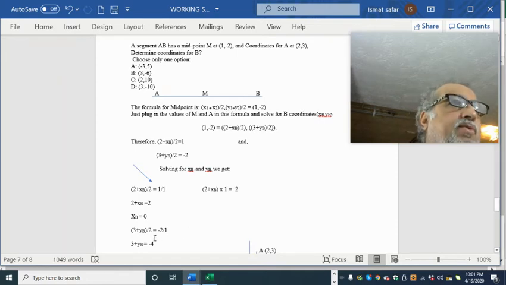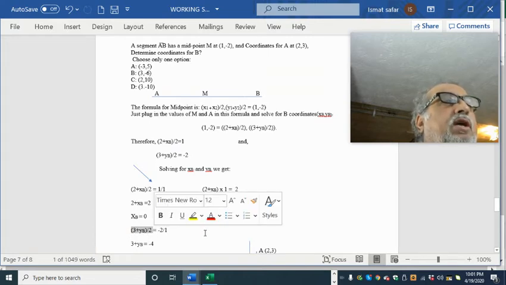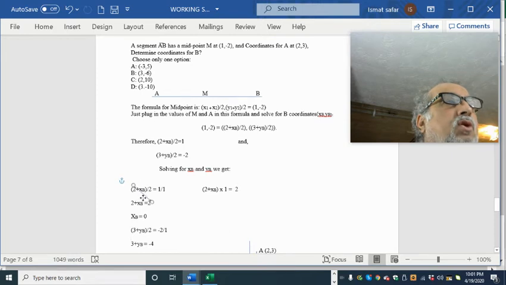Now, we do the same thing with coordinate y of b. 3 plus y of b over 2. Again, we cross multiply. 3 plus y of b over 2 equals negative 2 over 1. Okay. Where does this one come from?